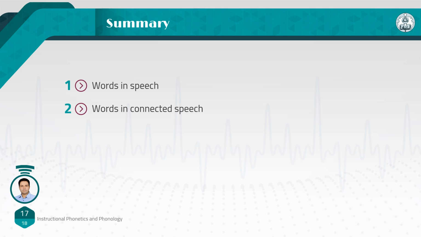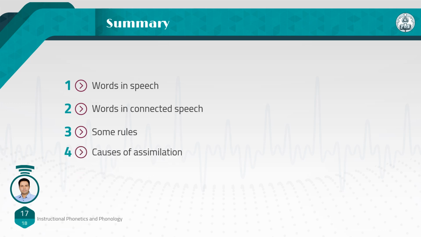That was an example of a connected speech. Next, we talked about some rules in relation to connected speech. For example, when you can use the and when you can use the. For example, the man and the old man.